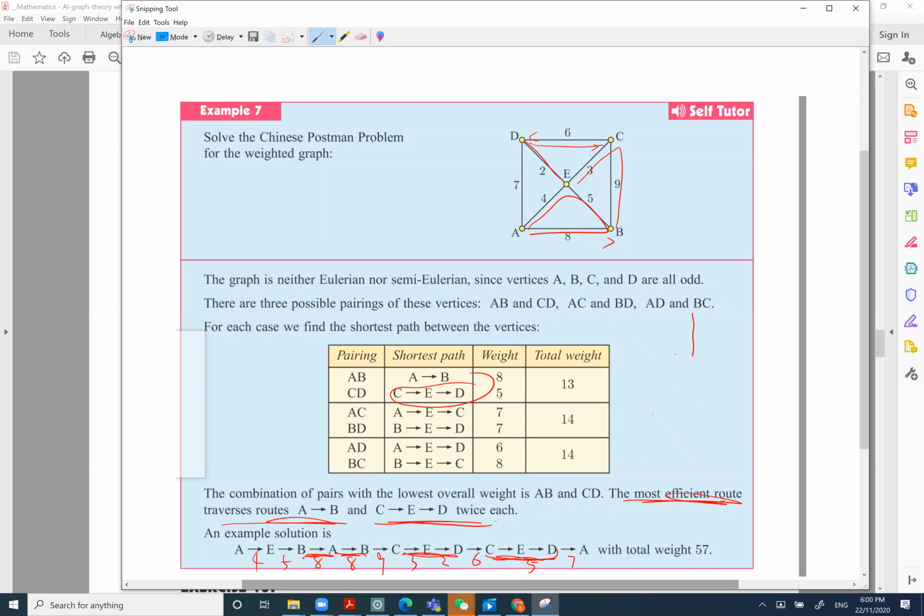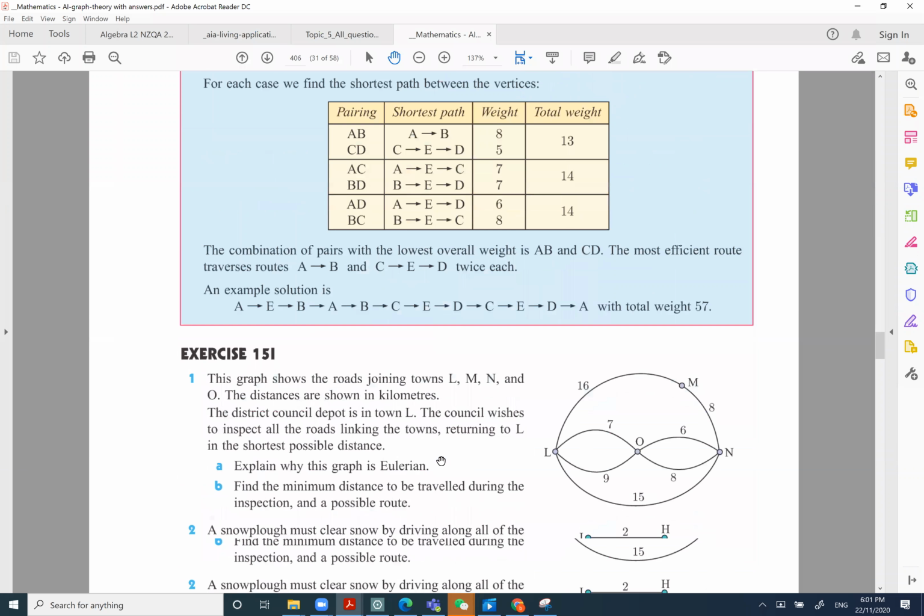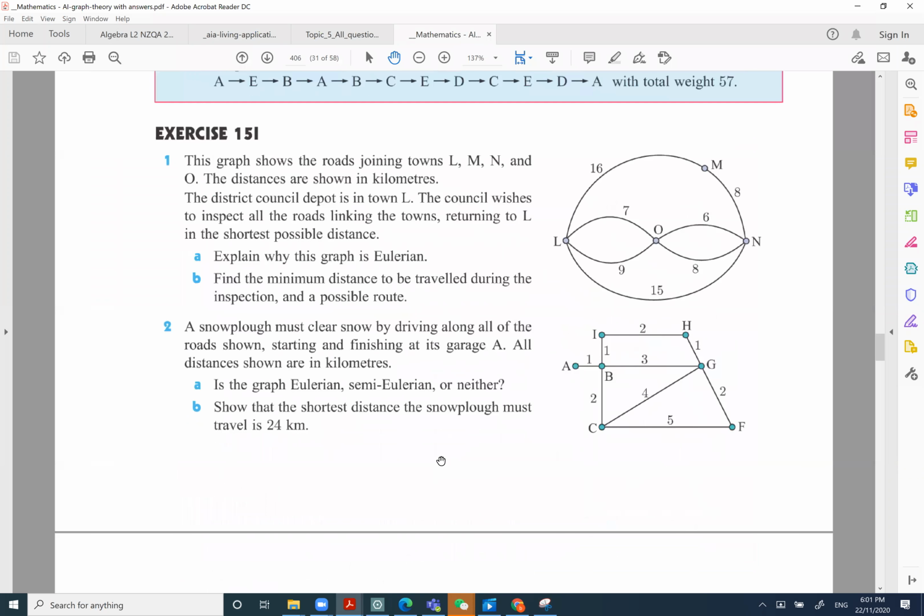Altogether, 44. But C to D repeats, so 57. Yes, okay, that's the way. We try if we can do a question. This one.